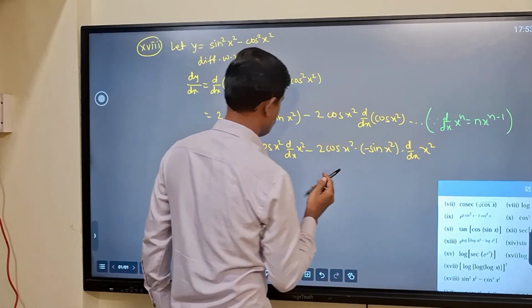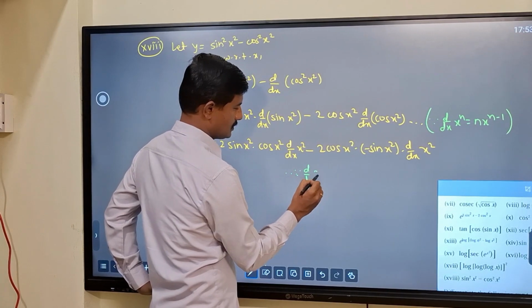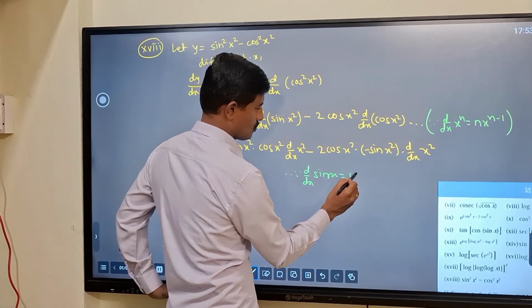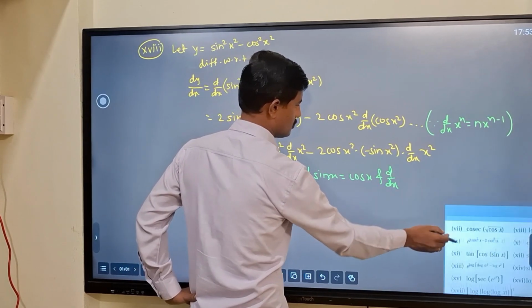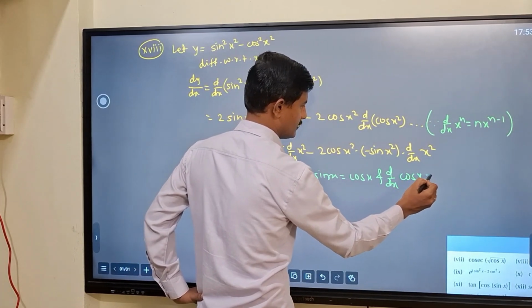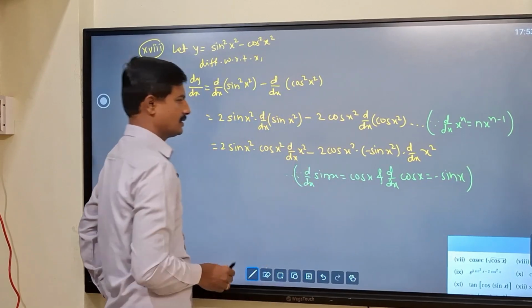Here we used the formula d/dx of sine x is cos x and d/dx of cos x is minus sin x.